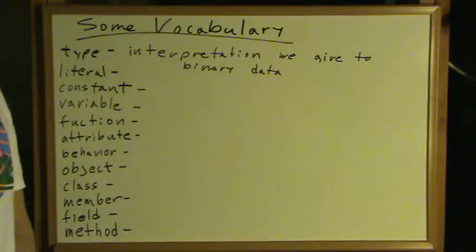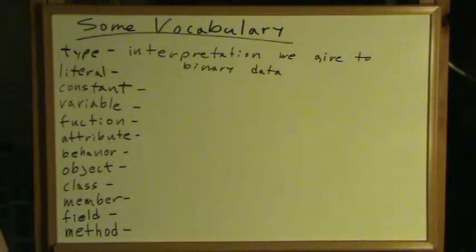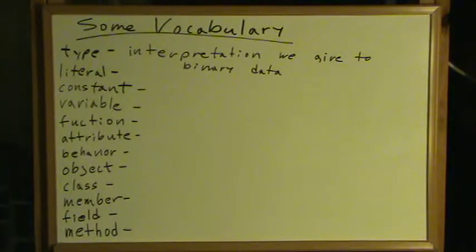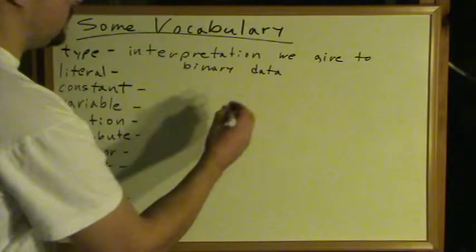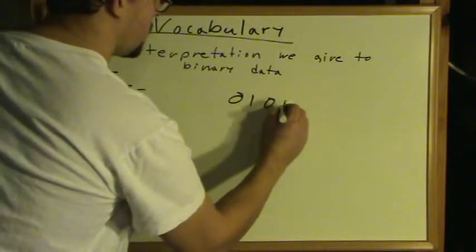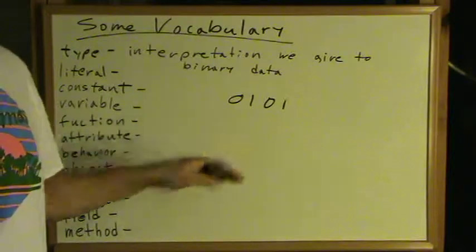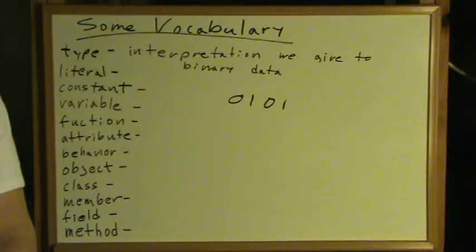We use zeros and ones to represent numbers, letters, and of course any combination of that, anything that you can imagine that we would process in a computer is all zeros and ones. So how does the computer know if this sequence of bits represents a number, a letter, or what?